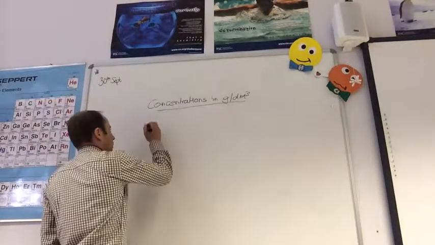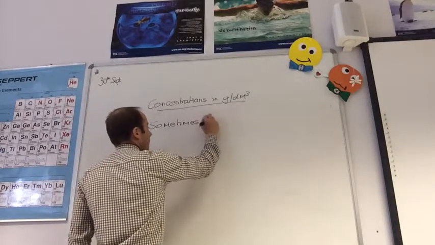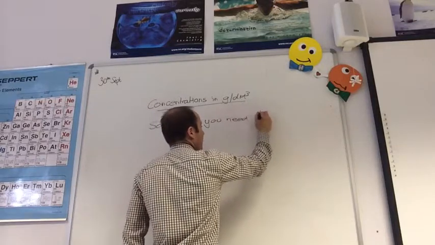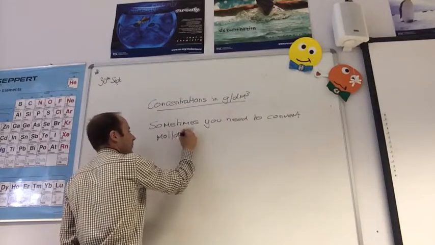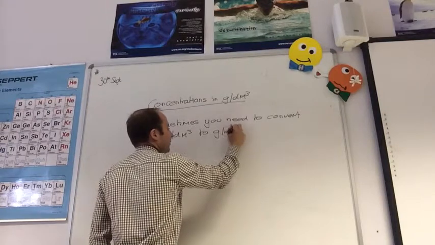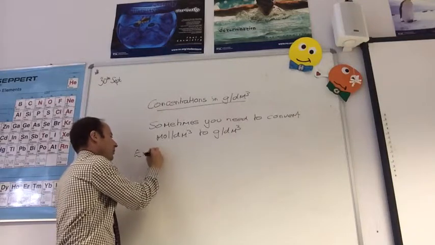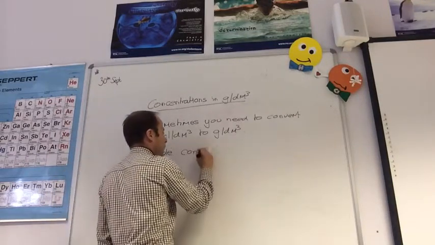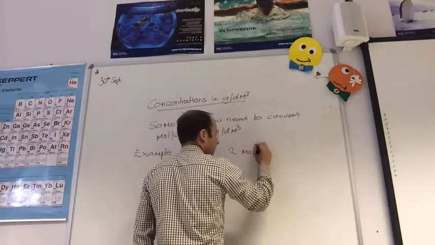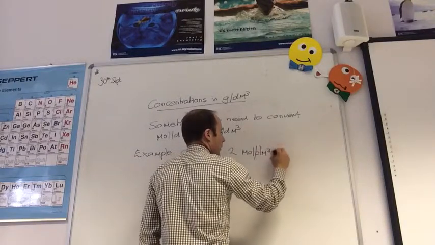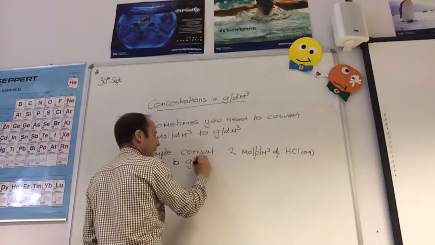So let's do an example. Sometimes you need to convert moles per decimetre cubed to grams per decimetre cubed. Very, very easy. Example, convert 2 moles per decimetre cubed of HCl aqueous to grams per decimetre cubed.